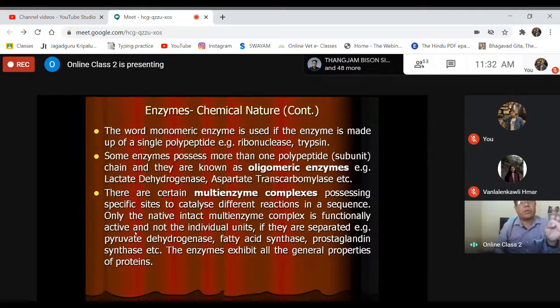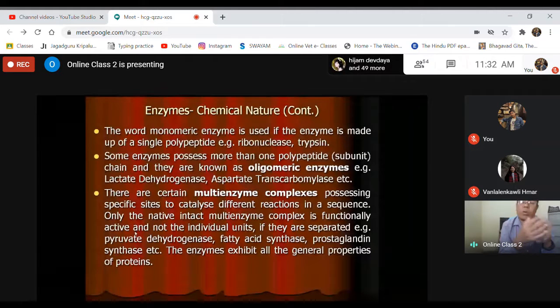They will catalyze only one type of reaction. Then the third one is the multi-enzyme complexes. So here, more than one enzyme come together to form a complex. Since this complex has more than one enzyme, they will be catalyzing more than one type of reaction. Okay, so all these things will come across when we start the metabolism part.